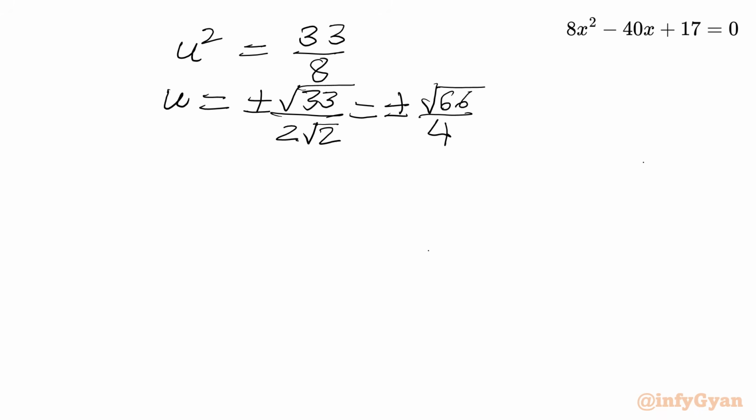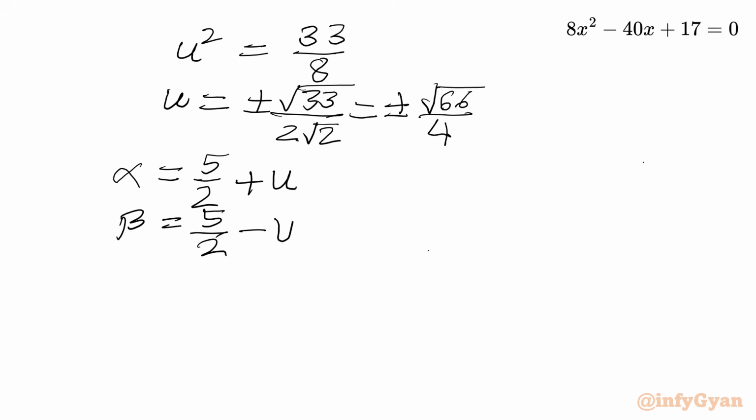Now we have to find alpha and beta. Alpha is equal to 5 over 2 plus u and beta equal to 5 over 2 minus u.